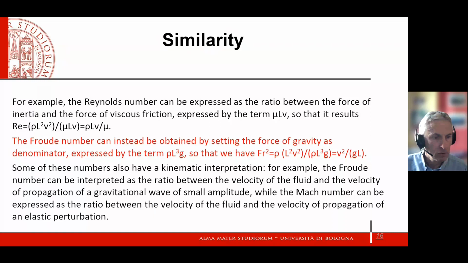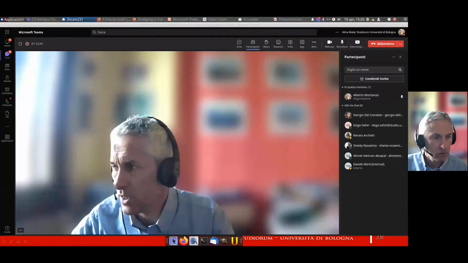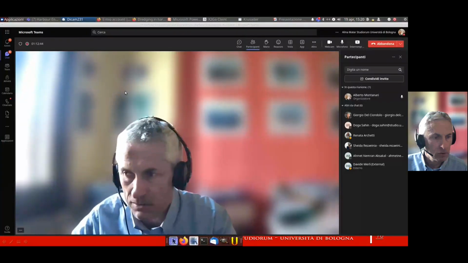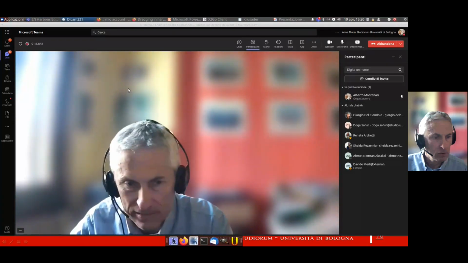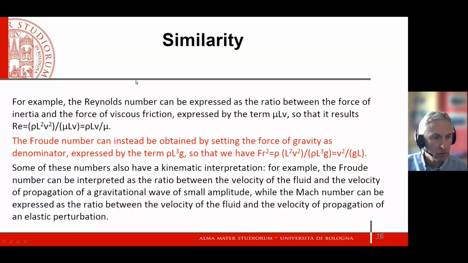I put it in red just to make a difference between the different paragraphs. The Froude number, I'm sorry, once in a while I have the presentation disappearing. The Froude number can instead be obtained by setting the force of gravity at the denominator, which we can express with the term rho L cubed g, where g is gravity and rho is still the mass density of the fluid.